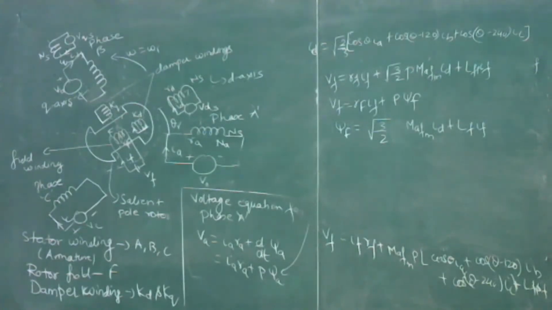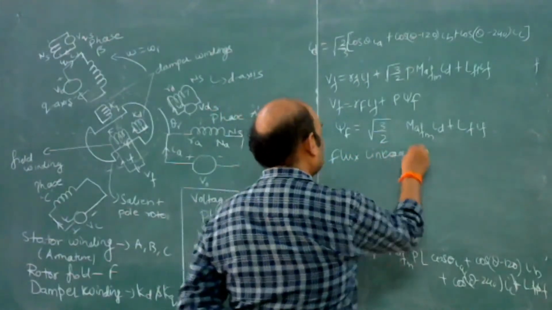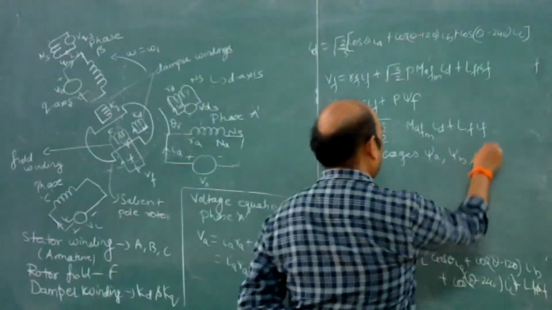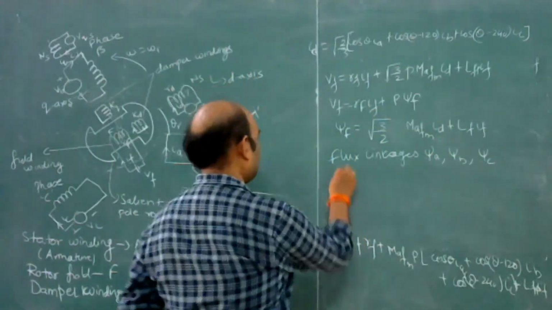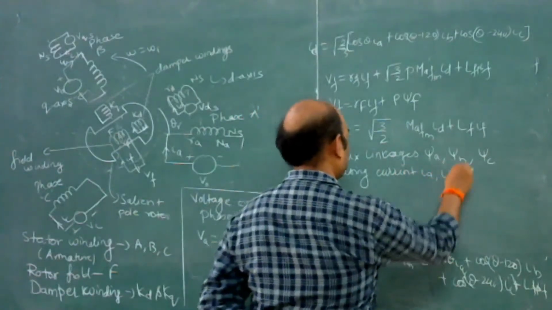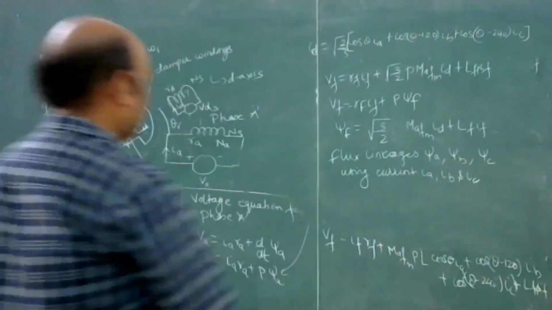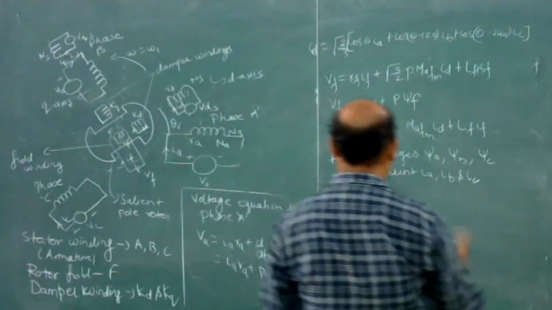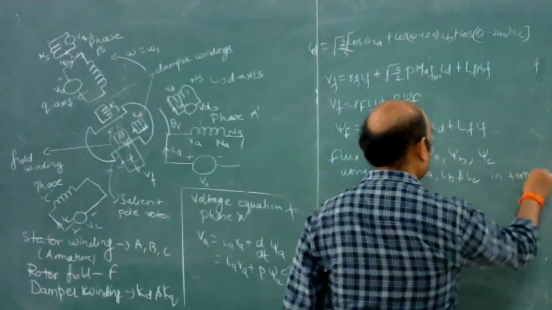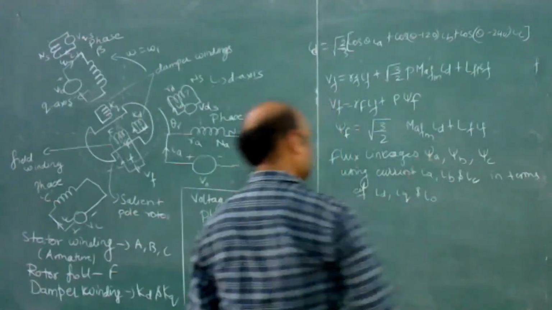So similarly, we can find the values of flux linkage psi A, psi B, and psi C, using current psi A, psi B, and psi C respectively, in terms of IP, IQ.